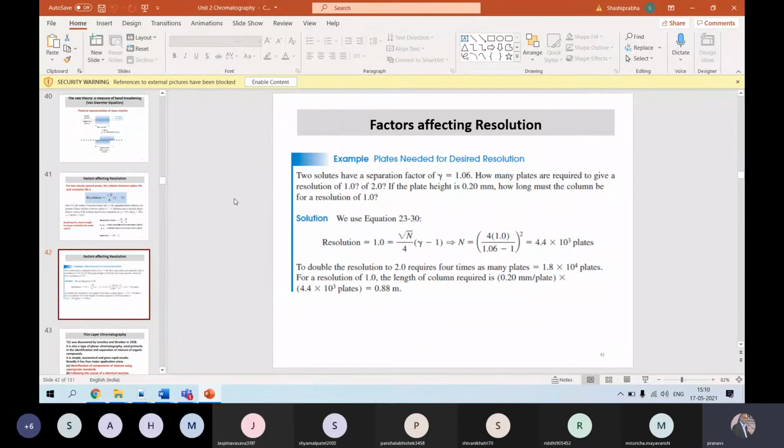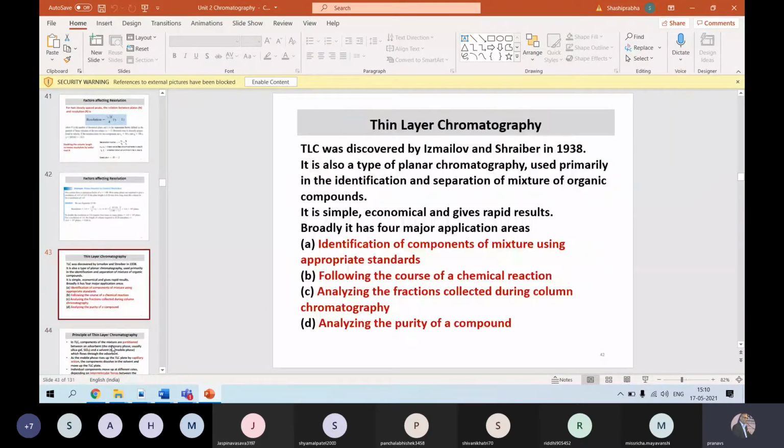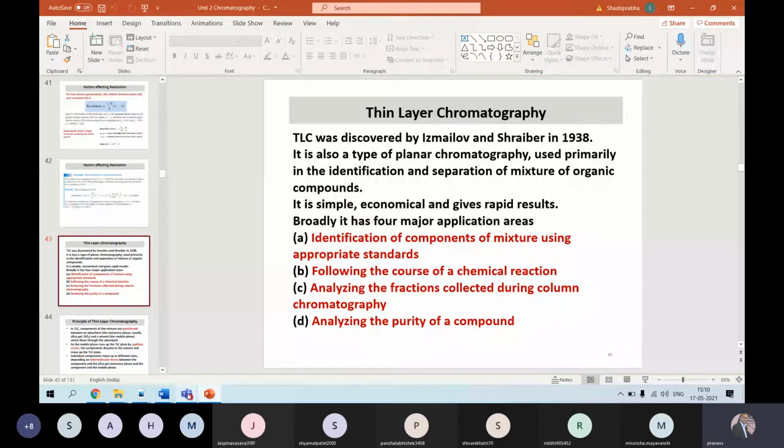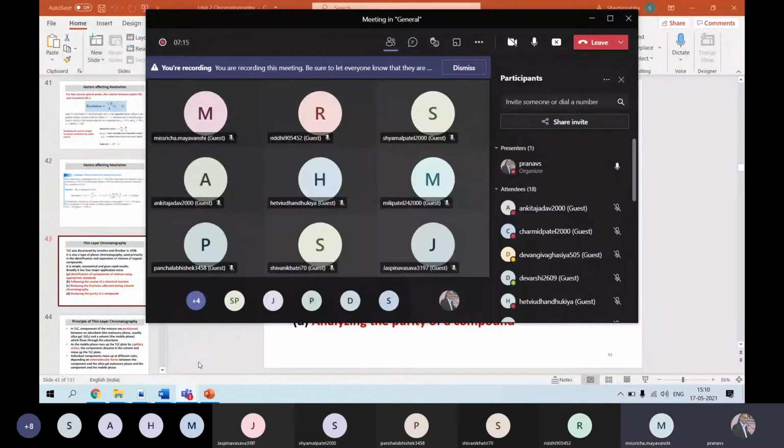So I'll just move ahead now. Now the first technique which comes here is thin layer chromatography. My screen is visible, I suppose. Yes, sir. Okay.